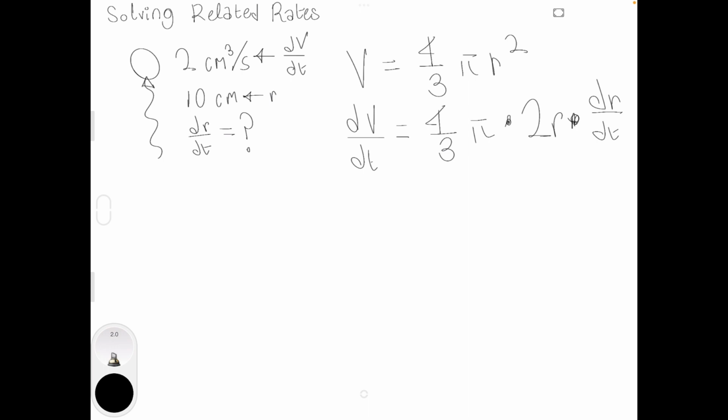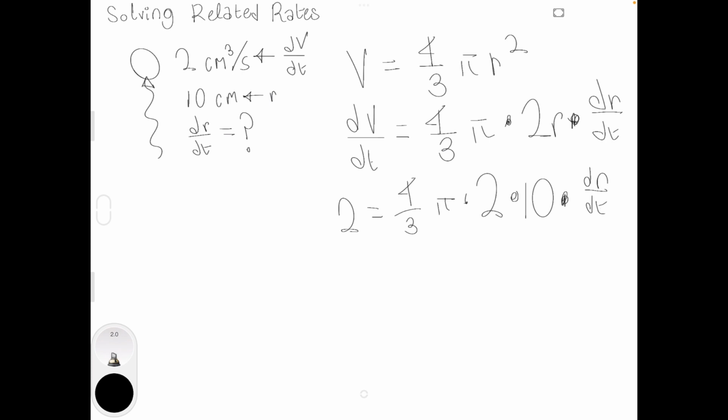So we know these values. We know dv over dt is 2. It's equal to, that stays the same, 4/3 pi times 2r. We know r is 10. We don't know dr over dt.